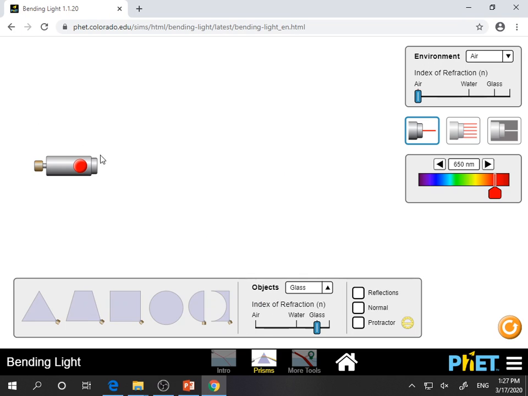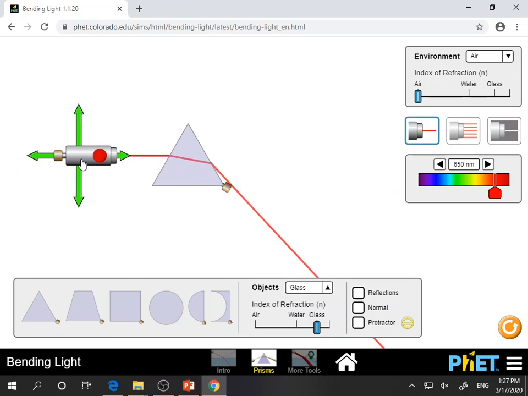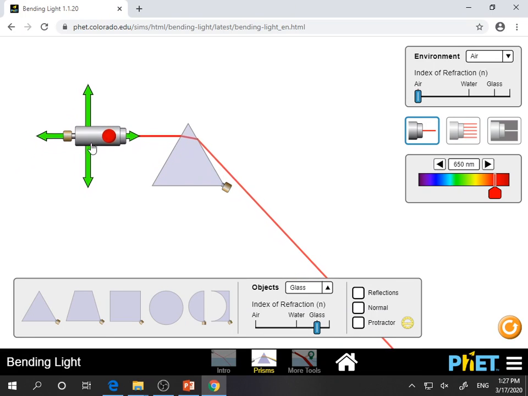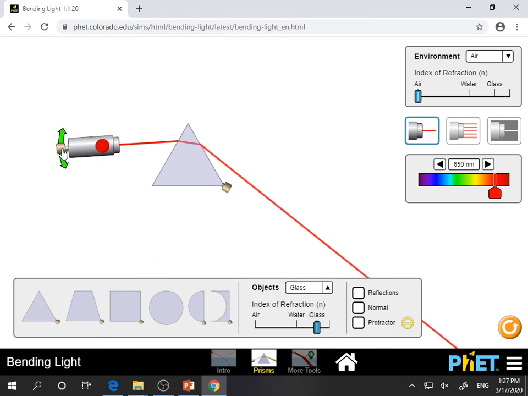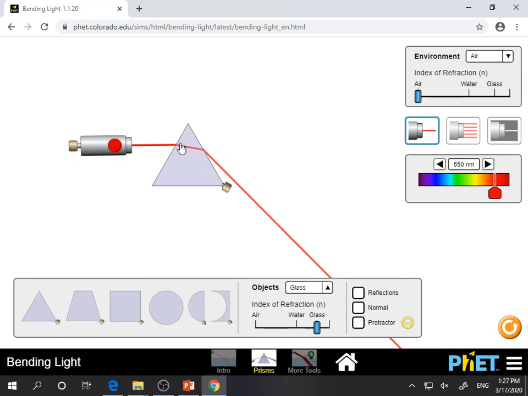Here you have prisms. Okay, we're going to take this one. Here we have the red color. Look what will happen to the red color. So in this case, it's going to refract inside the prism. And here, when red color enters from, for example, air to glass, simply it's going to refract.